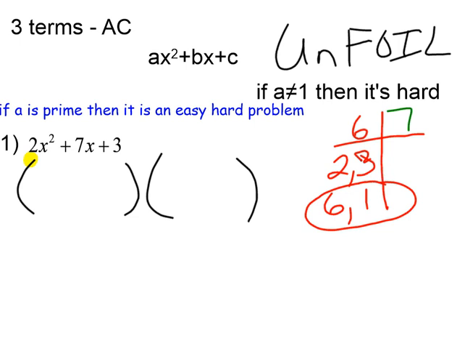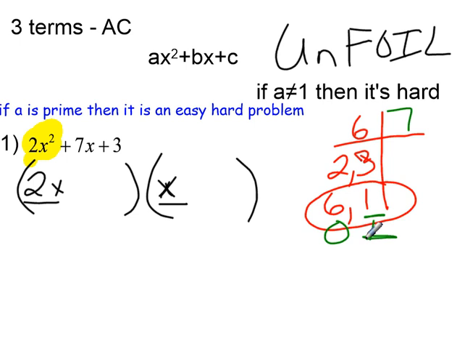My first times first has to multiply to 2x squared. So I'm just going to come up with two numbers that multiply to 2x squared, and they go in first times first. So that's 2x times x. Now, my outer times outer and my inner times inner are these magic numbers, but I don't know which order they're in. One could be outer, the other one could be inner.